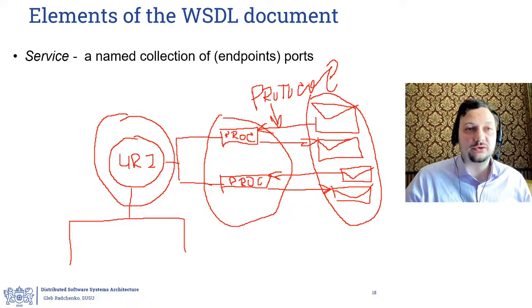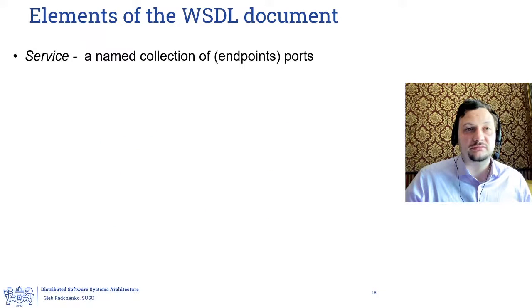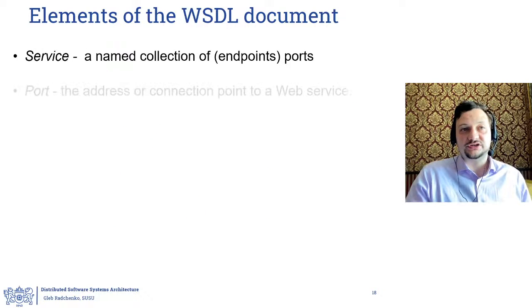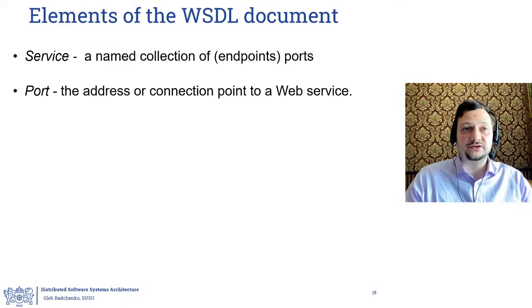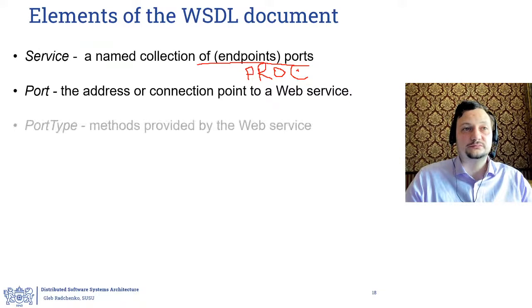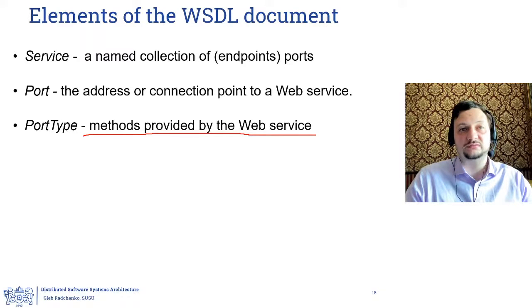So knowing this, let's take a look at the main parts of the WSDL document. Service is a named collection of endpoints or ports. That means that the service provides a set of remote procedures that we can invoke. Port is the address or connection point to the web service. Port type, oh, by the way, I was wrong. These are the methods. Port types are the methods provided by the web service.